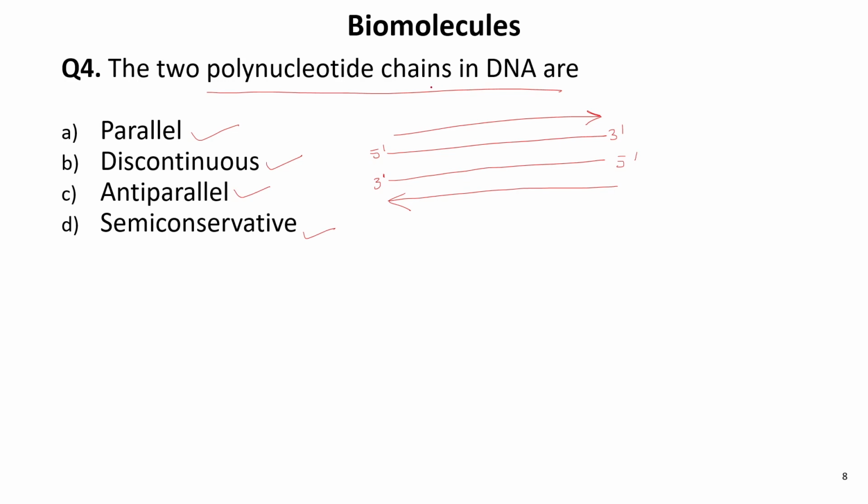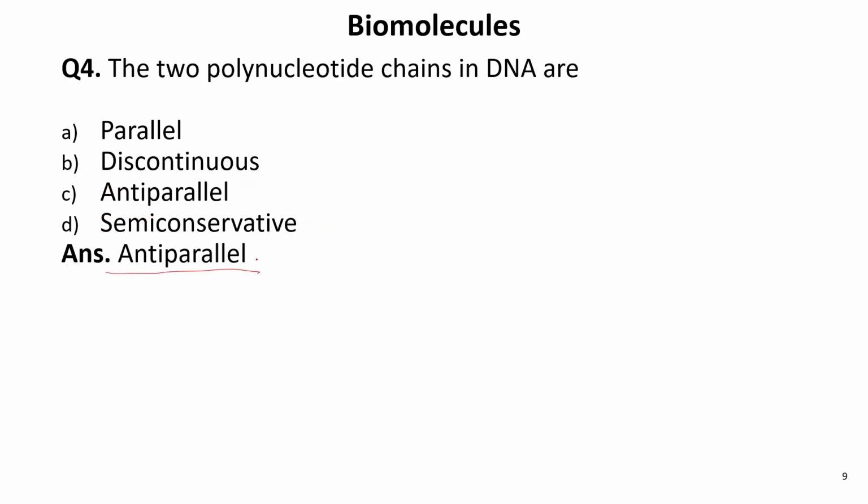The synthesis of DNA is semi-conservative, but here it is asking about the two polynucleotide chains in the DNA. They are continuous, not discontinuous, so that is incorrect. They are anti-parallel because of polarity, and the poles are different at both ends. So it is anti-parallel in nature.